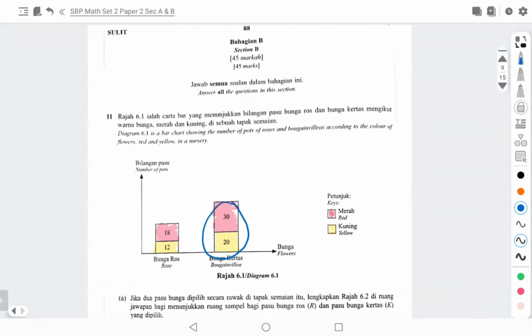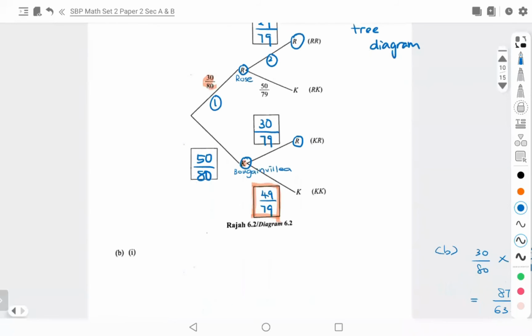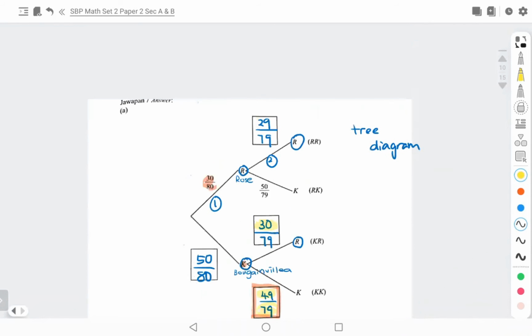Because you have a total of 50 bougainvillea flowers, and the first selection already selected one out. So the balance is 49. If you check the total here, 30 plus 49 equals 79. There you see, it must be the same. If you total up 29 and the 50 here, you get back to 79. Do you see?